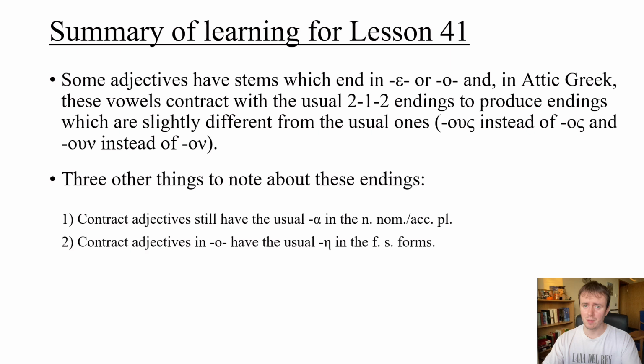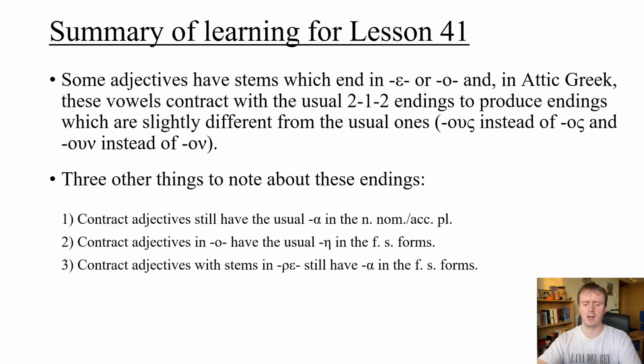And the reason for that weirdness is contract adjectives with stems in omicron switch to using a stem ending in epsilon in the feminine forms, as we saw earlier with haplus. And thirdly, contract adjectives with stems in rho still have alpha in the feminine singular forms rather than the expected eta, because epsilon plus alpha should make eta. But once again, we've got the usual endings there.